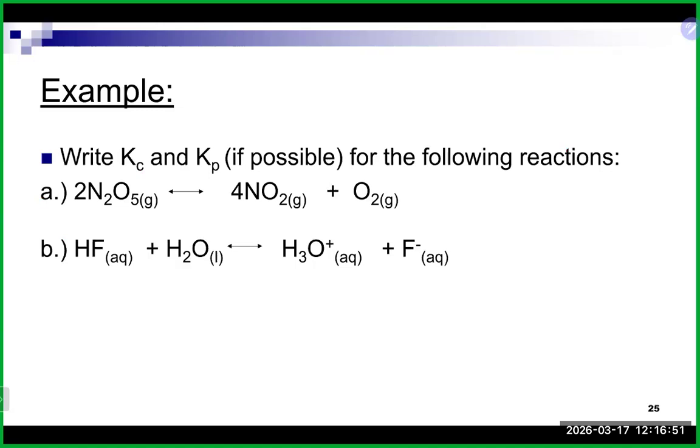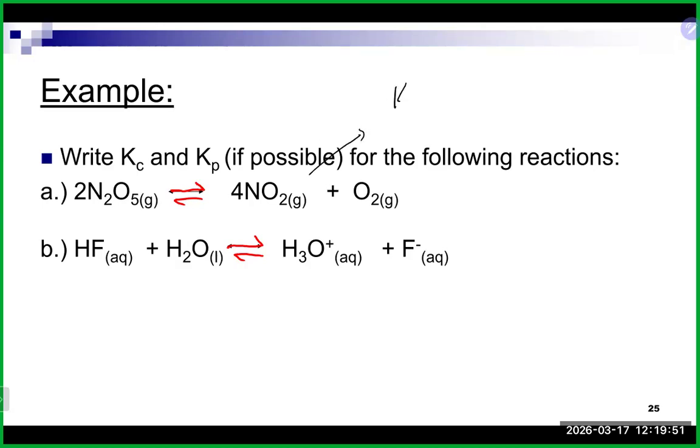All right, so take a moment here for each of these to write the Kp and the Kc expression, if possible, to write both. For each of these reactions, these are both reversible reactions. Products over reactants. So we'll start with the first one here.